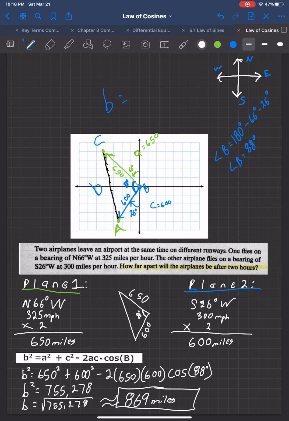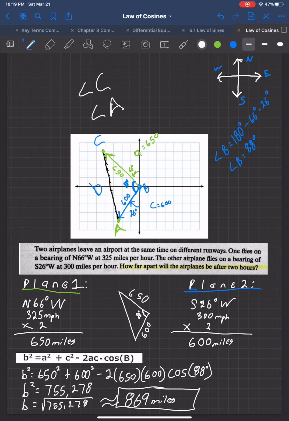Now I assume if it were true love, this individual would also want to know the angle that C makes and the angle A makes, so that they could find out the angle between them and their lover. But never mind, we're just going to run with the distance between the two people. The two individuals are 869 miles apart from each other.